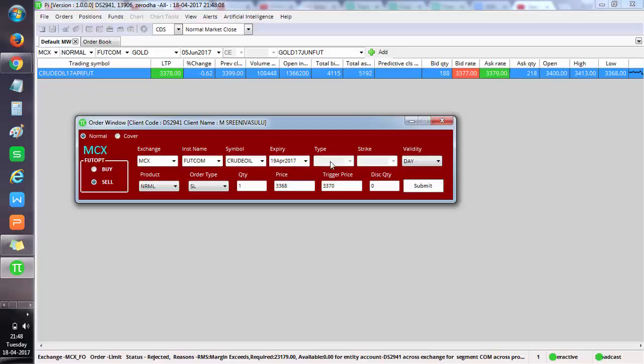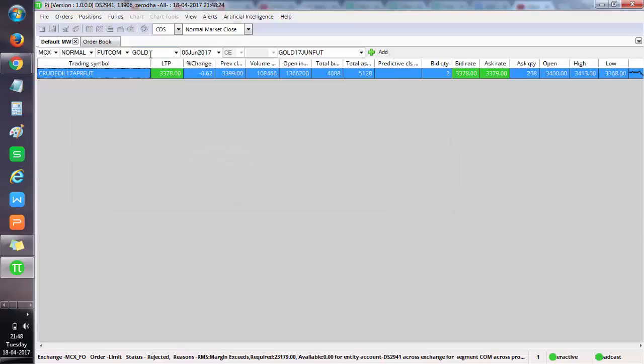Now I also told you that you can use SL or SLM for entering an order. So I'm going to take another example so that you don't get confused with the existing example. Now I'm going to take, say, gold.